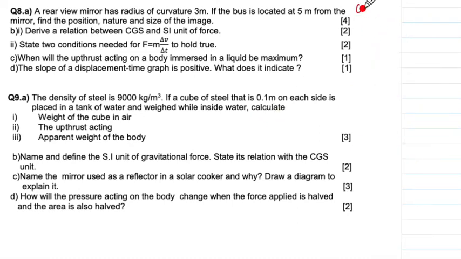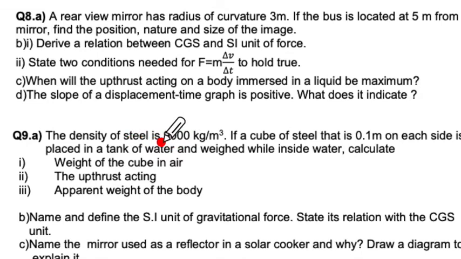Let us come to question number 9A. Density of steel is given this much. A cube of steel that is 0.1 meter each side is placed in the tank of water and weighed inside the water. Calculate the weight of the cube in air.